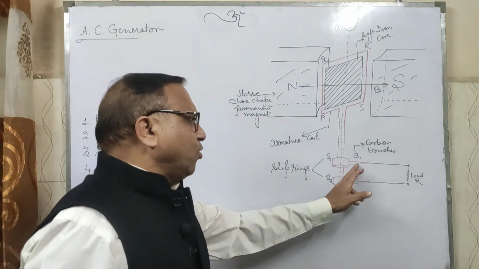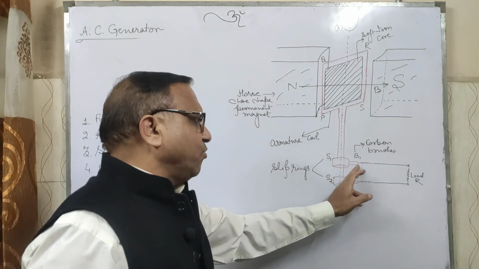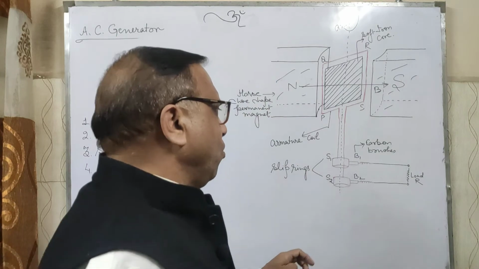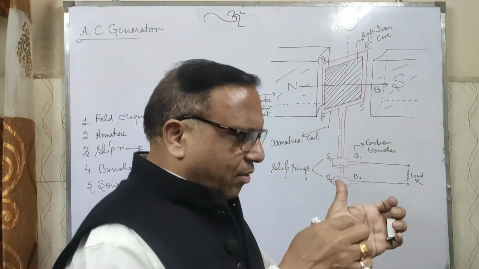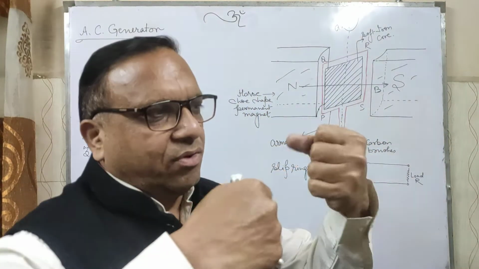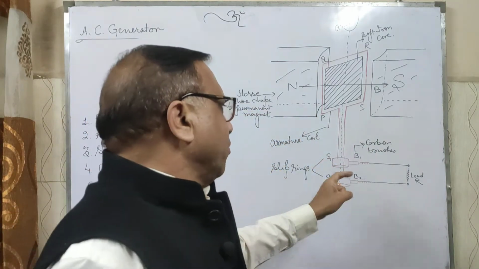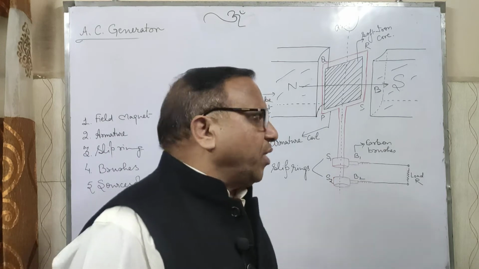Okay. Now there are two carbon brushes, B1 and B2, which are tightly in contact with the slip rings, just like this. What is the difference?